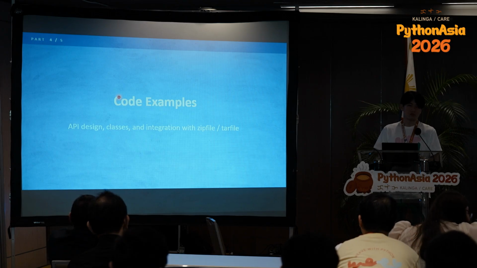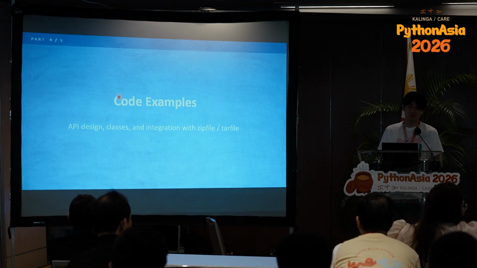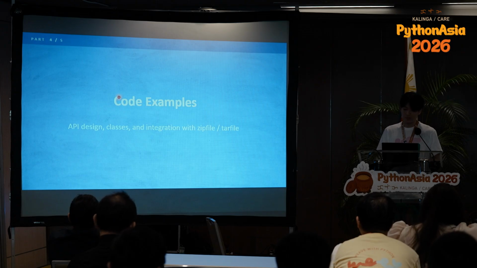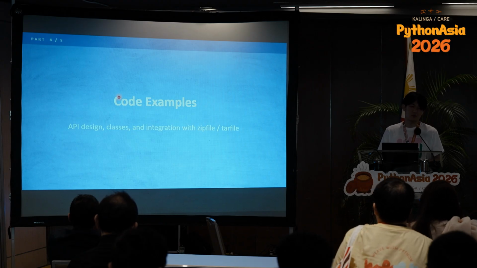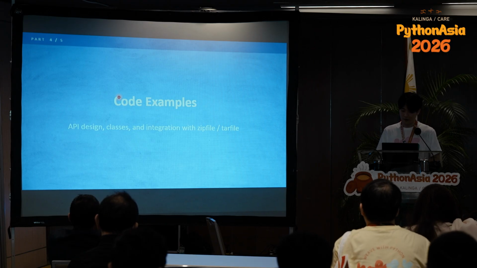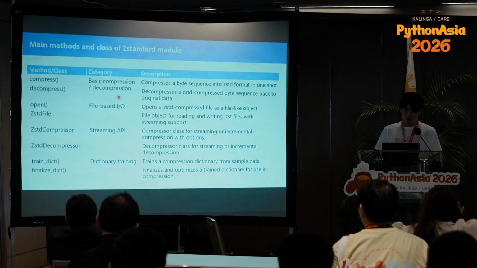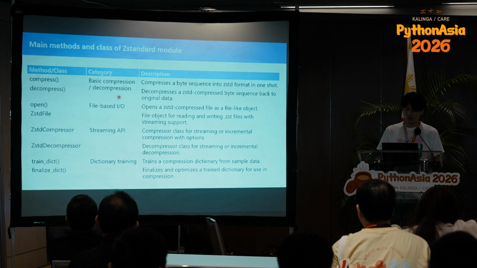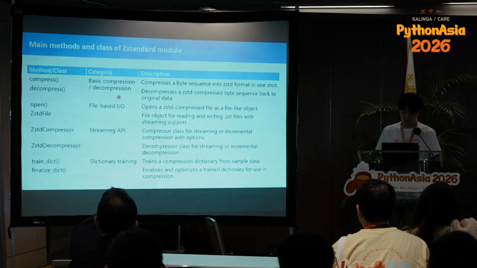This is part 4 of the talk, code examples. In this part, I will explain some code examples, the API design, classes, and how Zstd is integrated with gzip and tar files. Before diving into the actual code, I will introduce the main methods and classes of the Zstandard module.